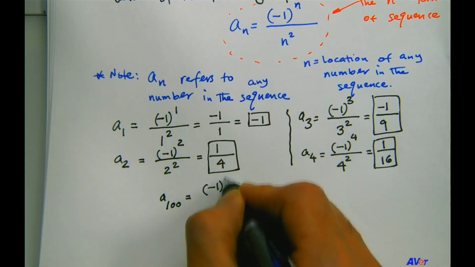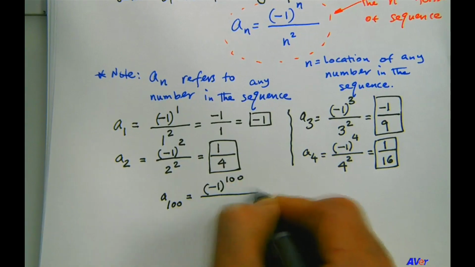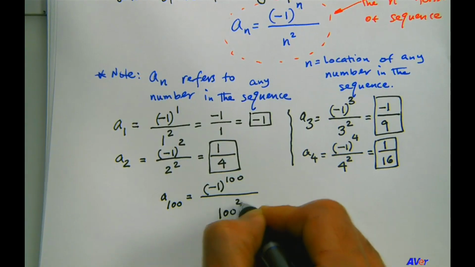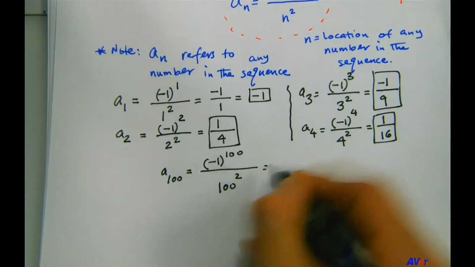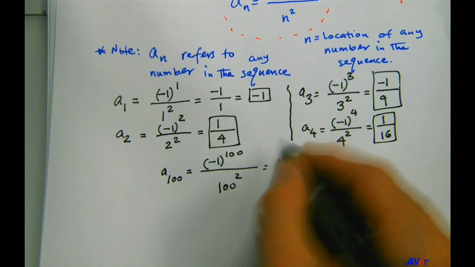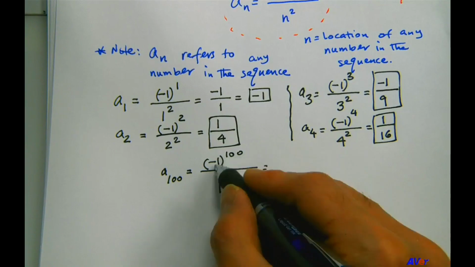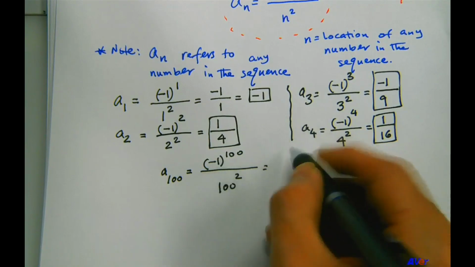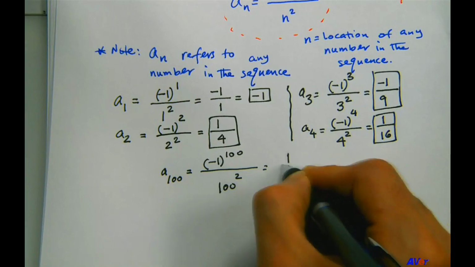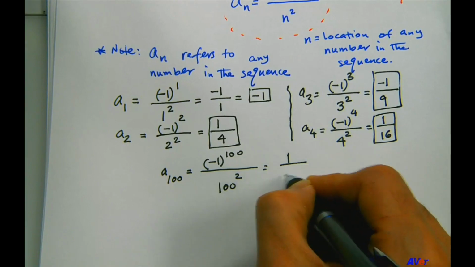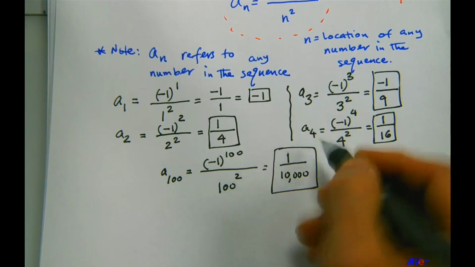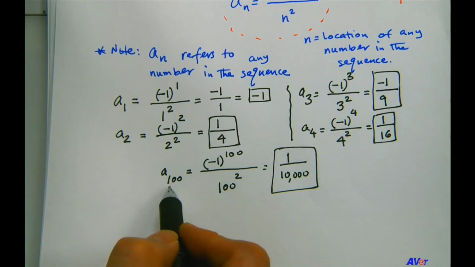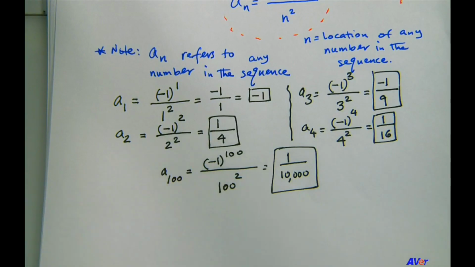Minus 1 to the 100th power divided by 100 squared. That 100 is an even power, so the minus cancels out. We get positive 1. 100 squared is 10,000. So 1 over 10,000 is the 100th term in the sequence.